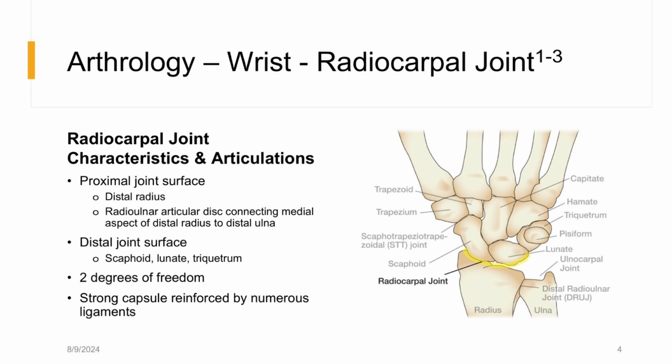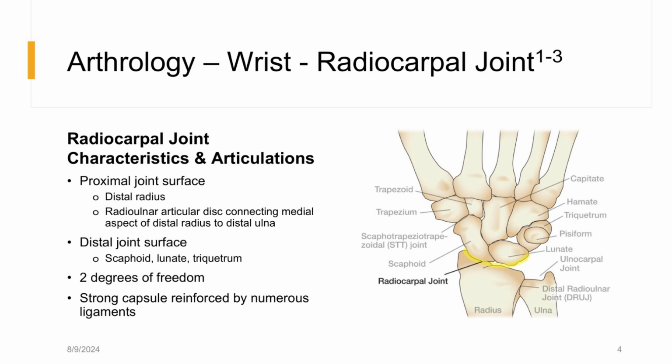All right. So, continuation with the wrist radial carpal joint. Let's talk about the characteristics and articulation, which I briefly talked about in the previous slide. So the proximal joint surface consists of the distal radius. You see the distal radius right here, okay, as it articulates with the scaphoid and lunate, and also pisiform and triquetrum being the proximal row of carpal bones.